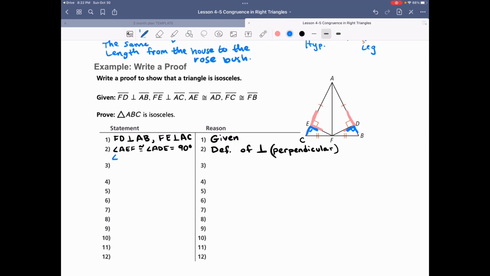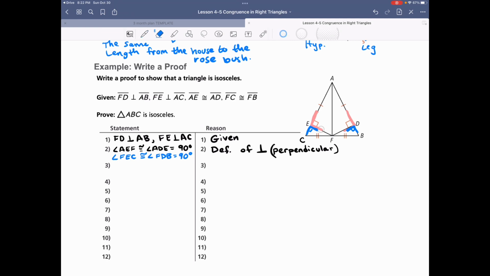So then we'll say angle FEC is congruent to angle FDB, because those are equal to 90 degrees as well. So they are congruent. And they're corresponding, right? They're in the same spot.